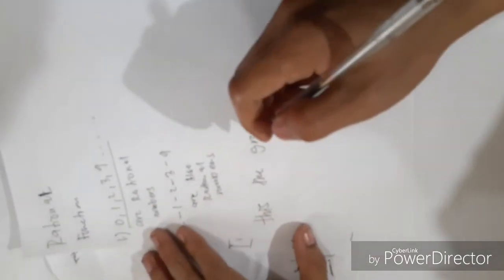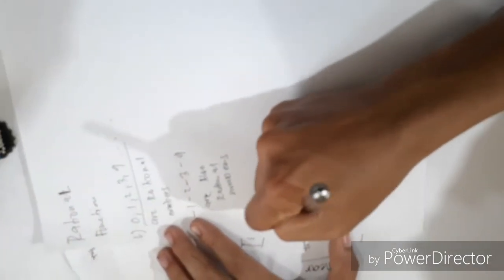So this is the graph of the rational function.